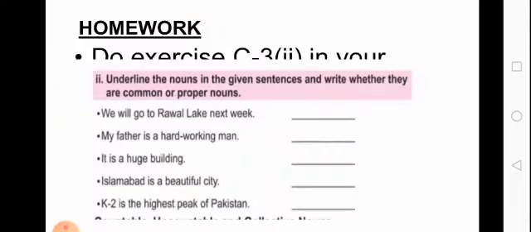Underline the nouns in given sentences and write whether they are common or proper nouns. We will go to Rawal Lake next week. Now it's a homework for you, okay? My father is a hard-working man. It's a huge building. Islamabad is a beautiful city. K2 is the highest peak of Pakistan.